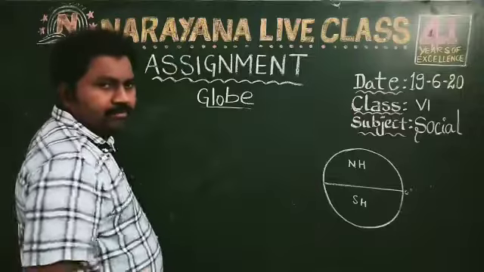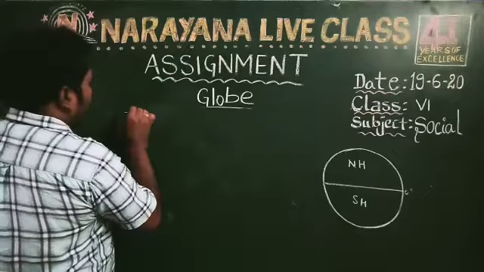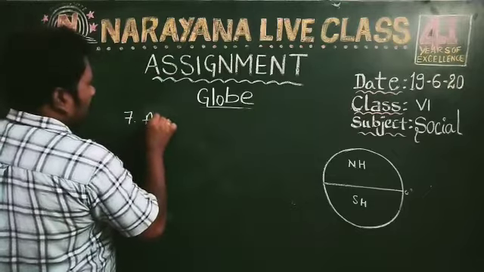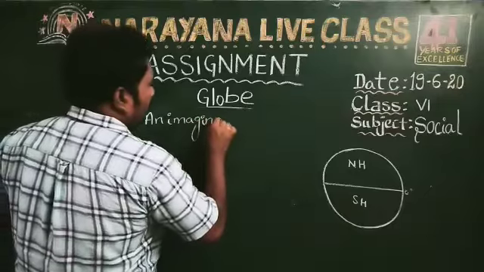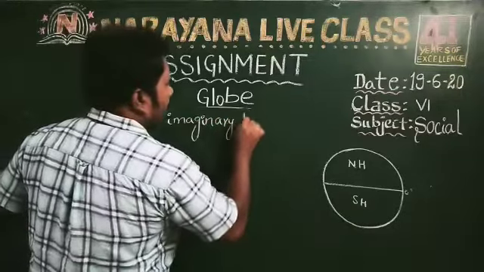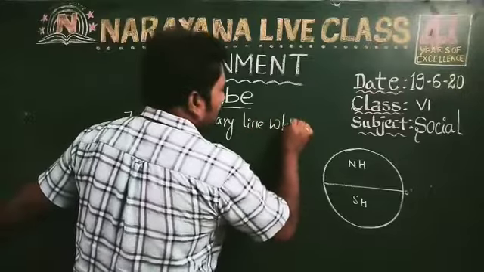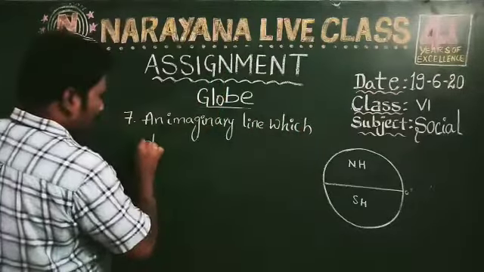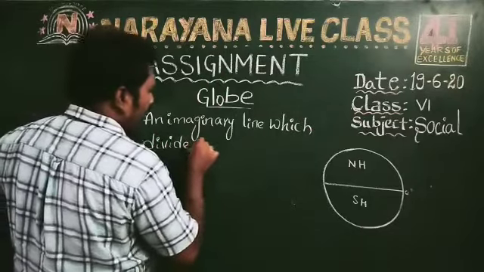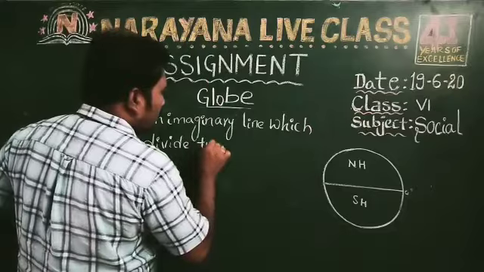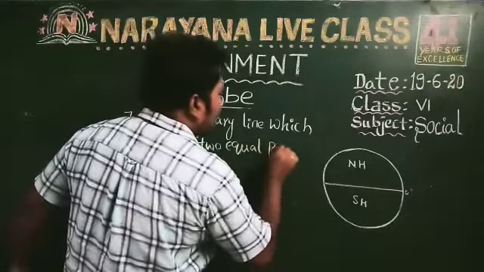So that is the seventh question. Okay, children, so the seventh question, what is the equator? An imaginary line which divides the Earth into two equal parts.